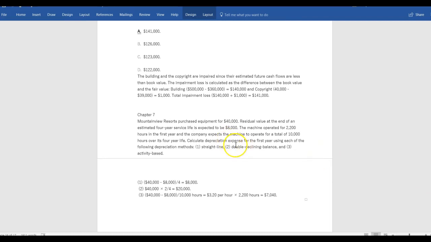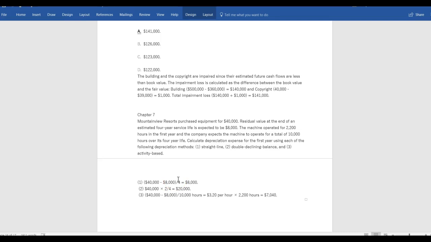You're going to need to know how to calculate depreciation based on the straight line method, the double declining method, or the activity-based method. Remember, with the straight line method, we take the purchase price of the equipment minus residual value divided by the number of useful years.